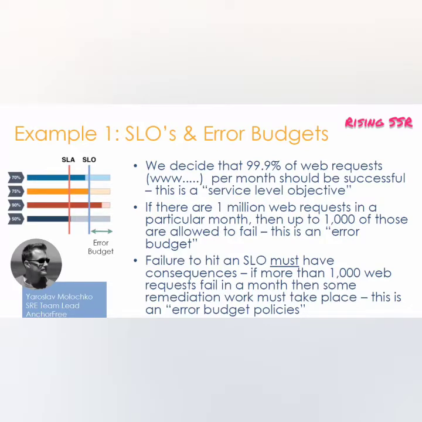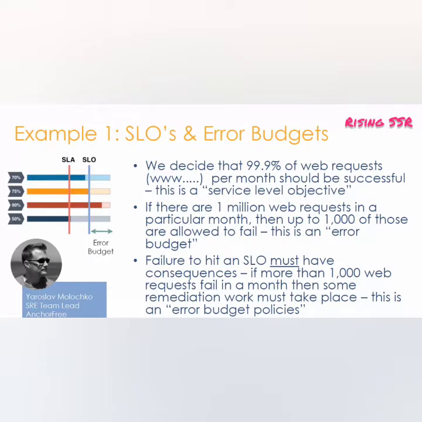Let us imagine a situation that you are getting 1 million web requests in that particular month. So what does that SLO mean? 99.9% successful means that you are giving a leeway of 0.1% for unsuccessful requests, right?